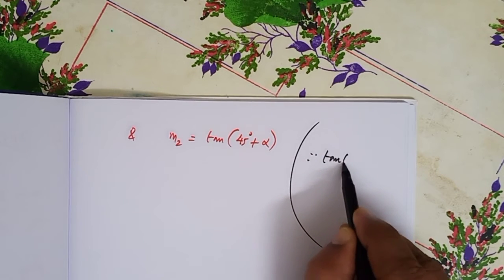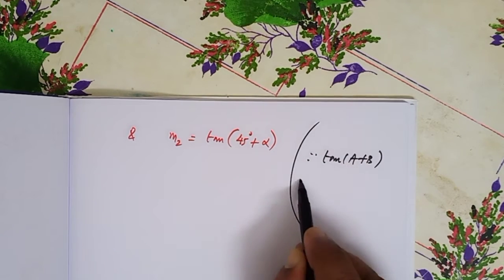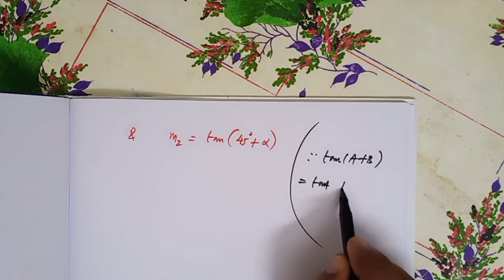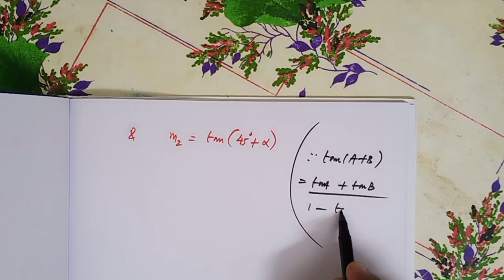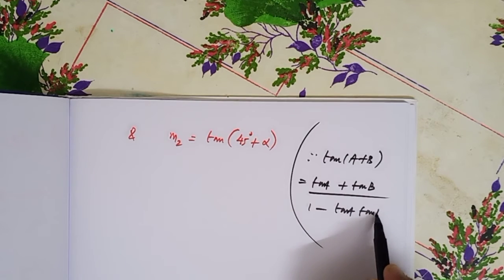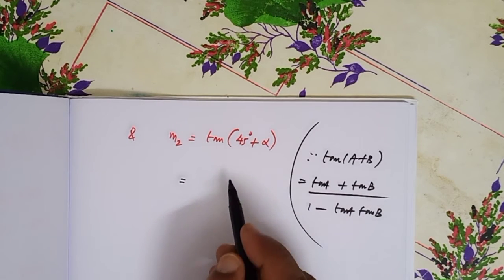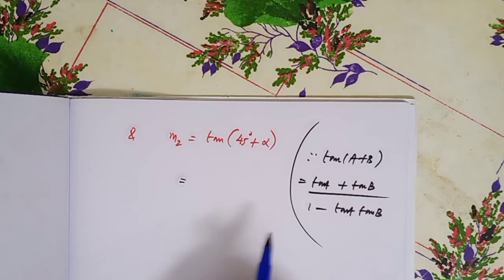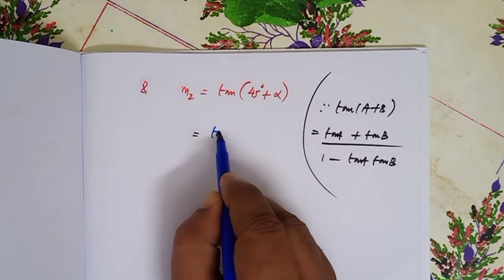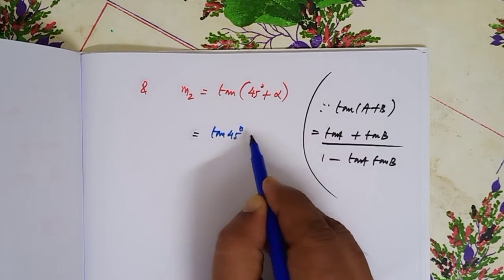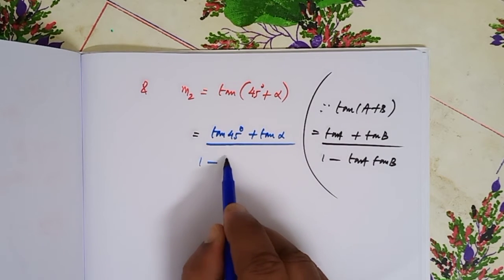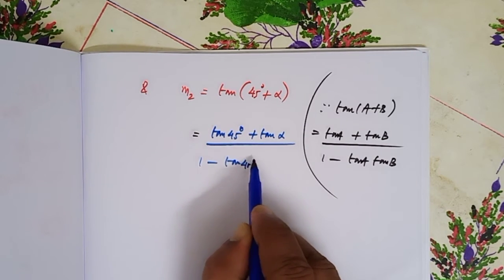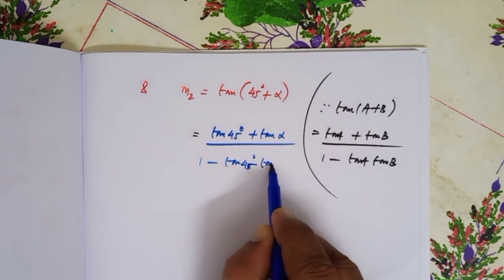Since tan of a plus b is equal to tan a plus tan b divided by 1 minus tan a into tan b, now you can apply the formula: tan 45 degree plus tan alpha divided by 1 minus tan 45 degree into tan alpha.